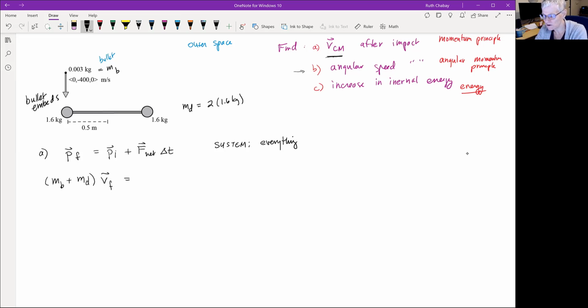Well, initially the dumbbell's at rest, so we just have the mass of the bullet times the initial velocity of the bullet. And because this is a collision, and we're looking at the process from before to right after, we can say that external forces due to objects not in our system are negligible. So in fact, we just have a 0 here.